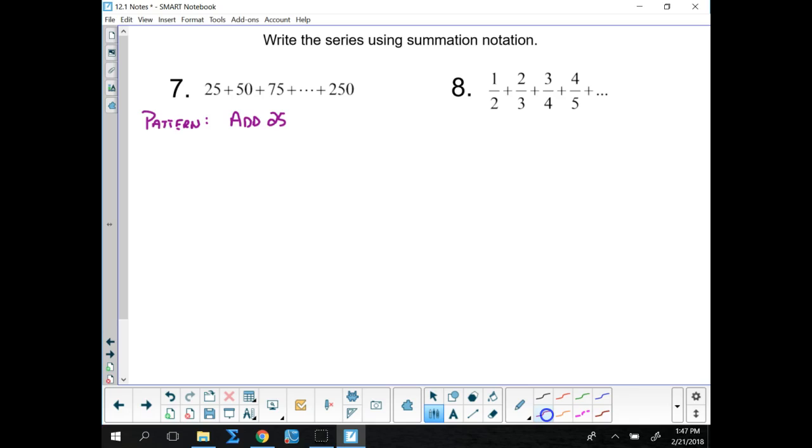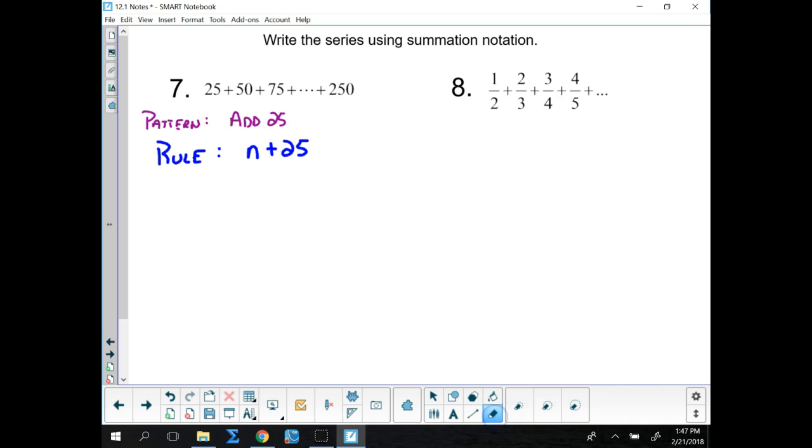If I went with a rule of n plus 25, that would give me 26 for my first term, 27 for my second term, 28 for my third term. So I don't like that one.